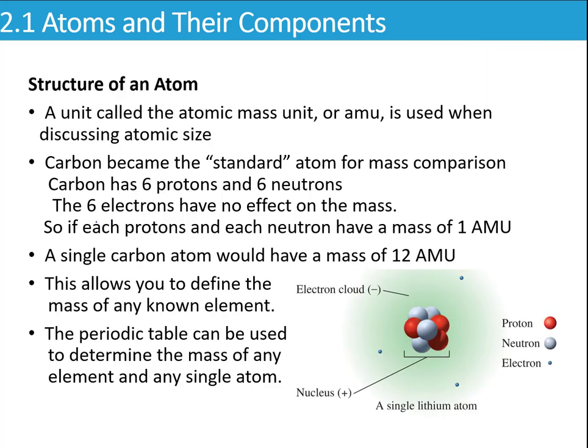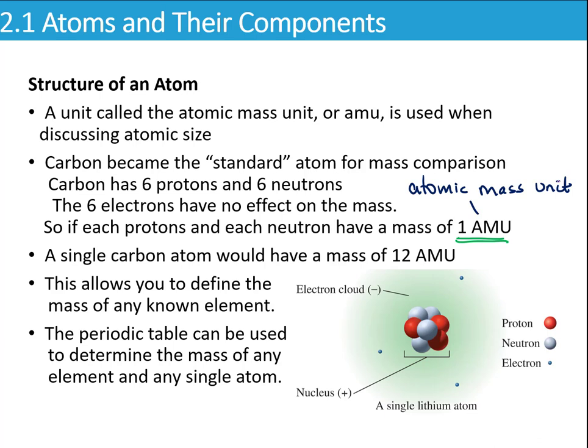Okay? So when thinking about the structure and the number of them, they were trying to come up with counting units. And so for this relative mass, they came up with a generic counting unit called an AMU. The term AMU stands for atomic mass unit. So that's what AMU stands for, atomic mass unit.